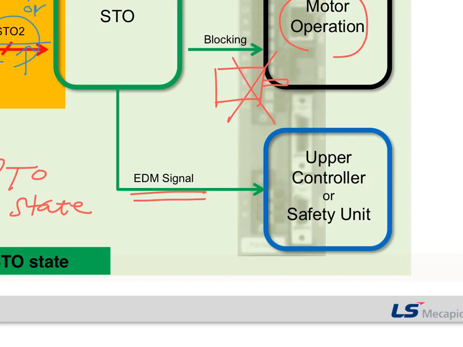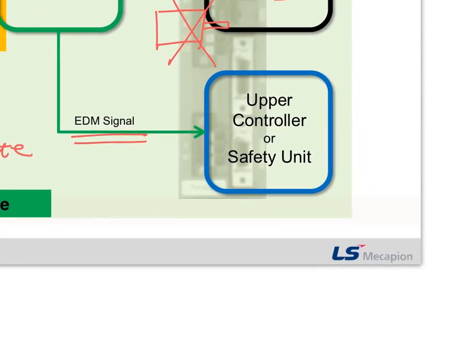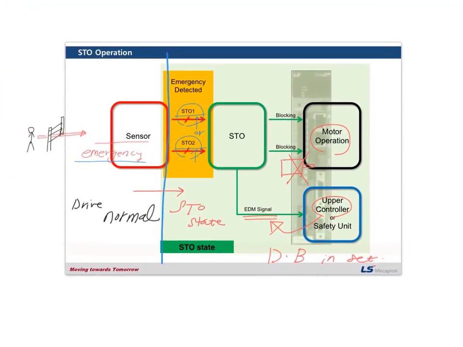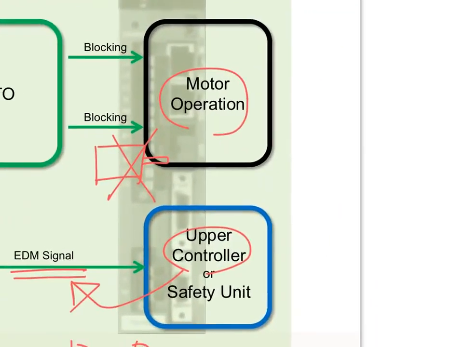So if you have any safety unit, something like a dynamic brake, and if it is set in the correct way, it will operate, and your upper controller will detect this EDM signal. And this is how the STO works.